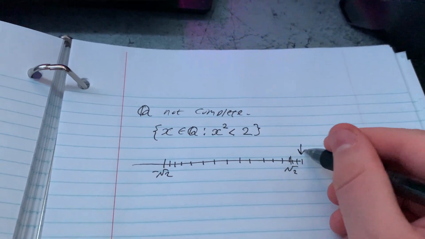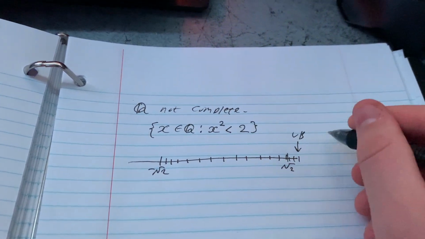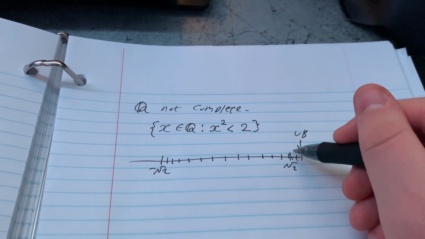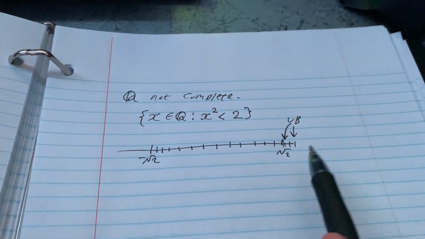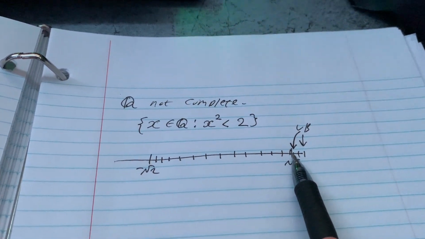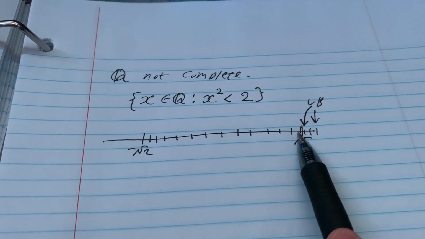So any one of these is an upper bound, but there's always something in the set that's in between the upper bound and something in the set.